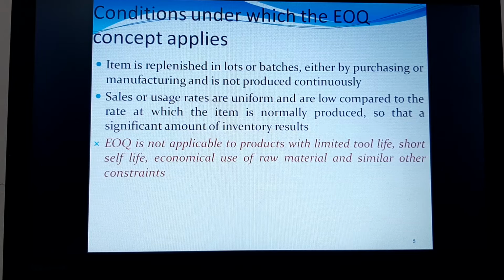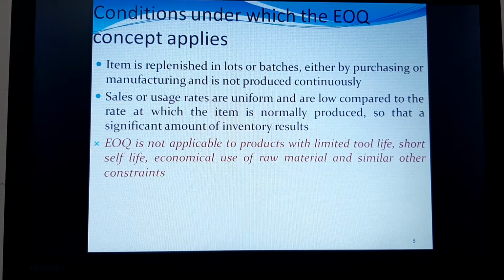And sales or usage rates are uniform and are low compared to the rate at which the item is normally produced. How much you are selling or using is uniform, and low compared to the rate at which the item is normally produced, so that a significant amount of inventory results.